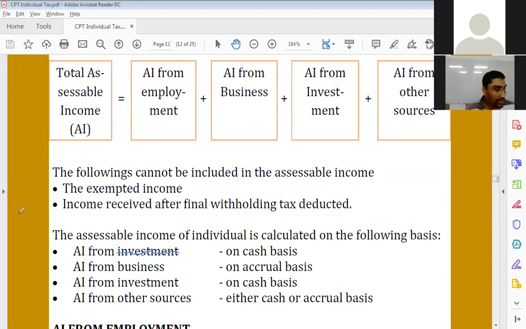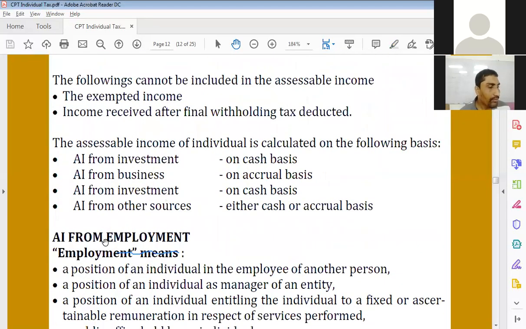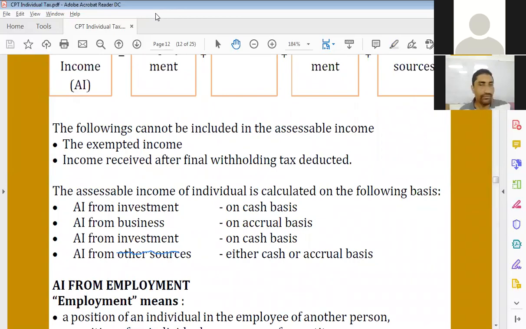Right. So if you are clear on that fact, now we are going to calculate the assessable income from employment. Assessable income from employment.